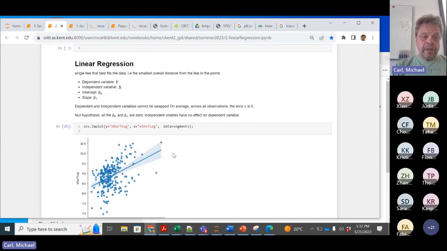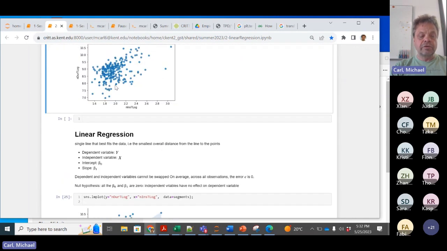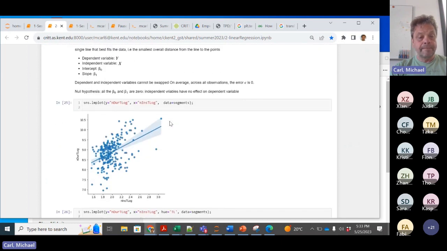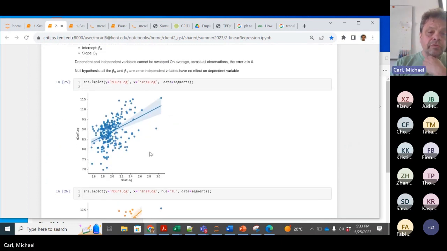Now, a correlation would just look at how well we can fit a line here, and a linear regression would fit that line and explain the intercept, meaning at what point this line crosses the 0 point, and what the slope of that line is.